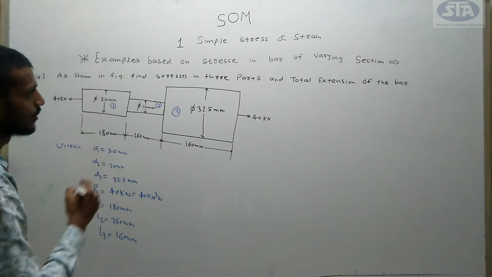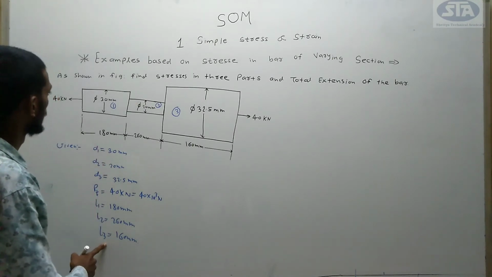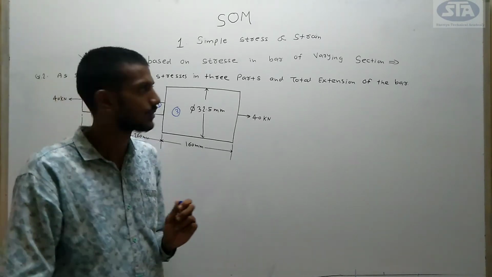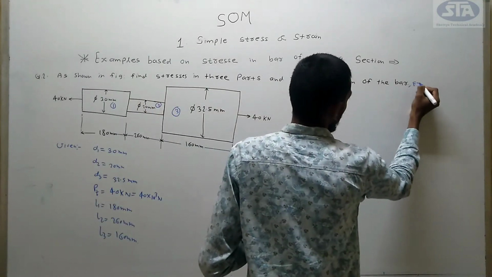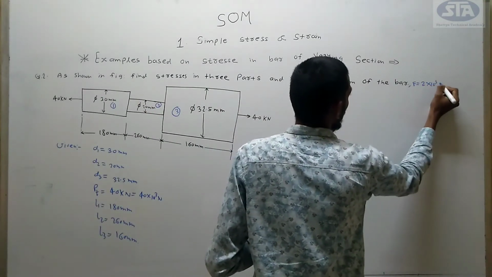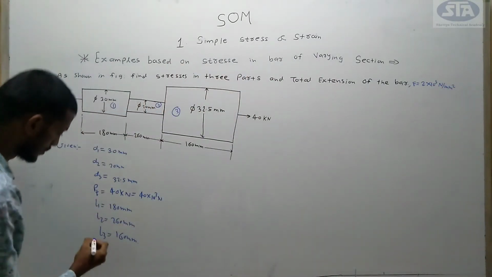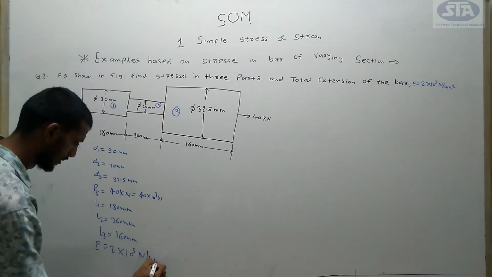Now we have to find the change in length of the section. We are also given another quantity, capital E, which is equal to 2 into 10 raised to 5 newton per mm square. So we also write E equal to 2 into 10 raised to 5 newton per mm square.